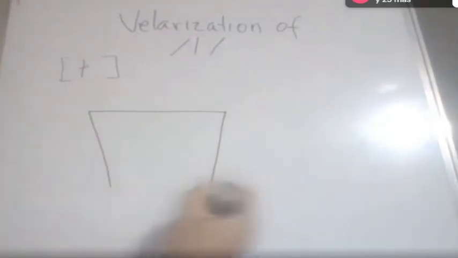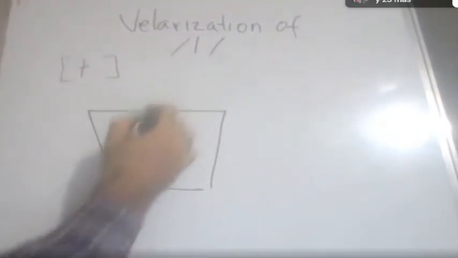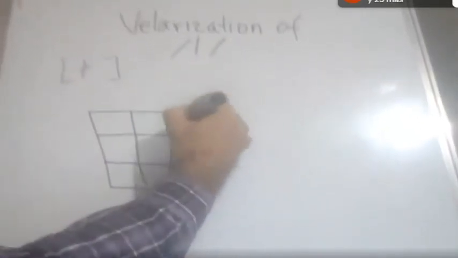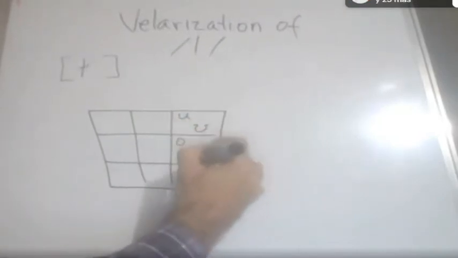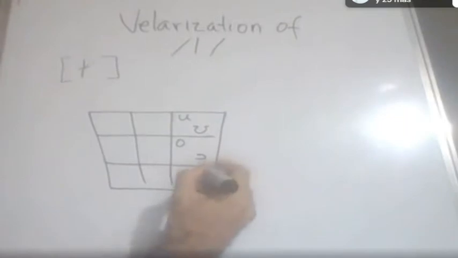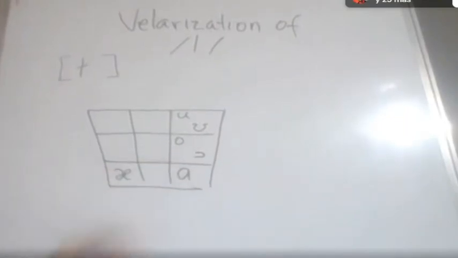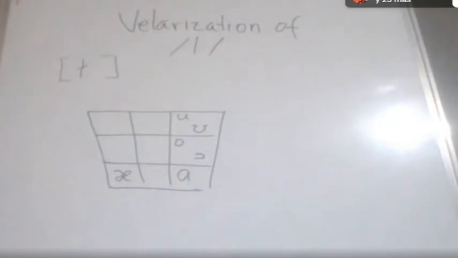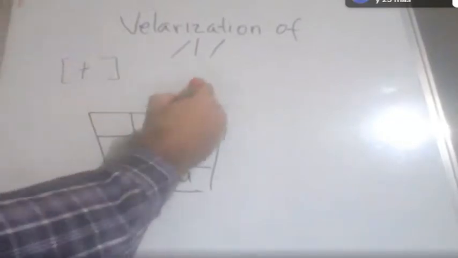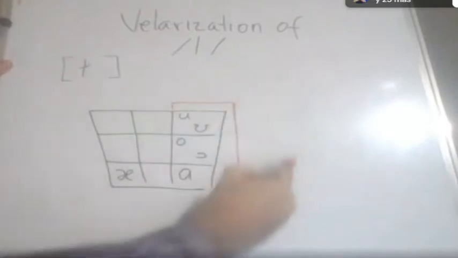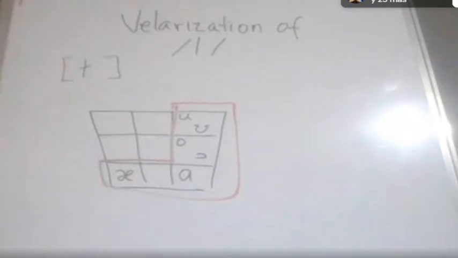So the velarized L occurs in the following environment. The velarized L occurs before any of these vowel sounds. That is one of the environments, okay?